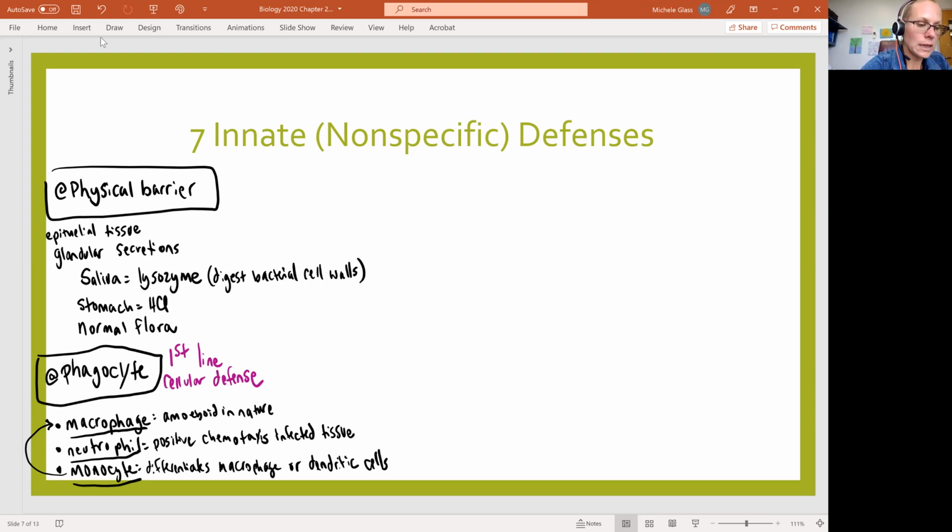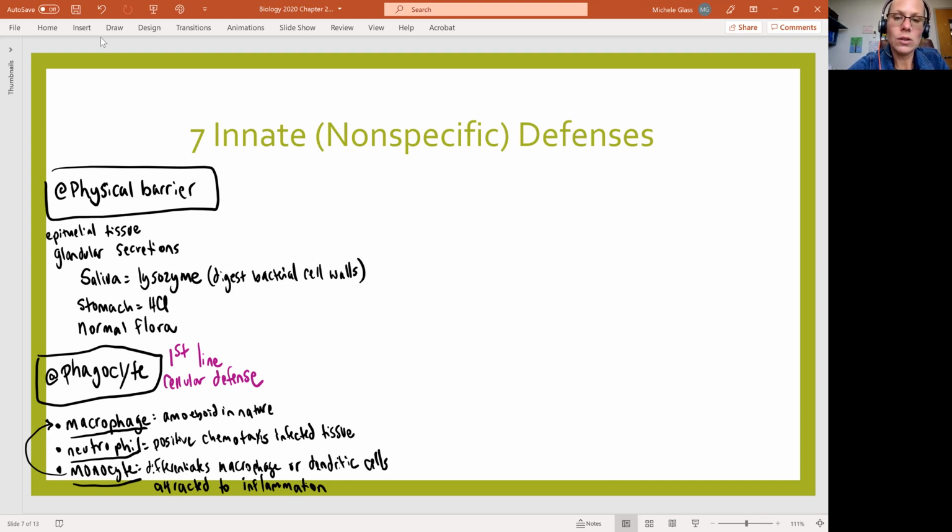And what we're going to see is that all of these cells are going to be attracted to inflammation. Again, if you have inflammation, you have mast cells releasing histamine, you have tissue damage, you probably have some bacterial infection. And so you're bringing these cells to that particular location.